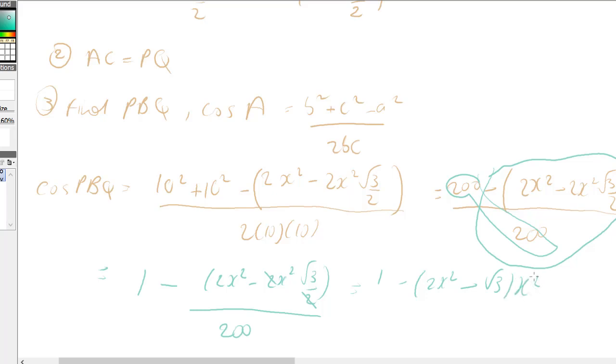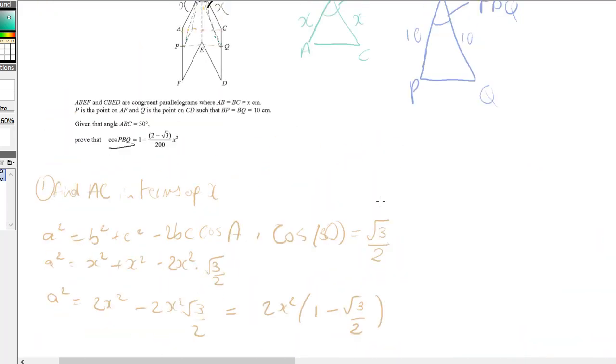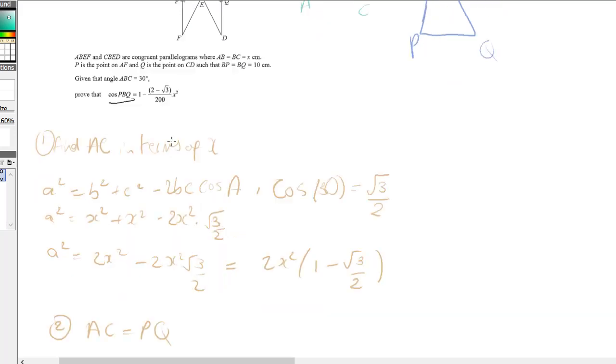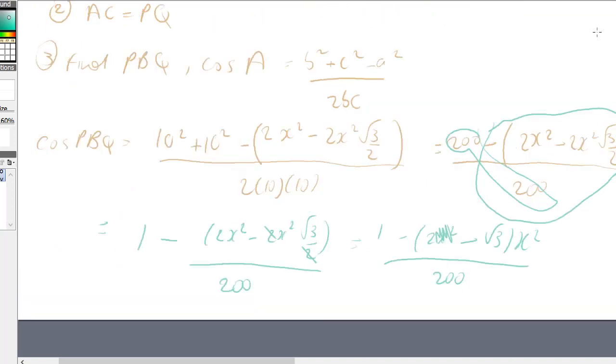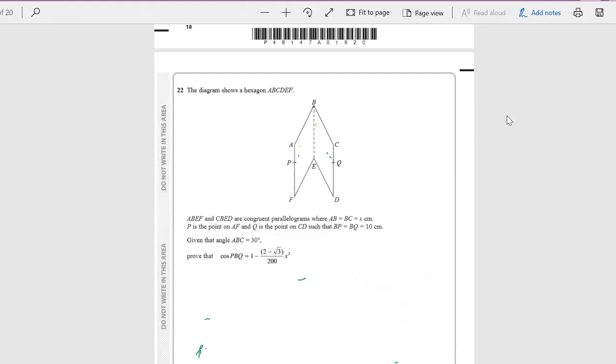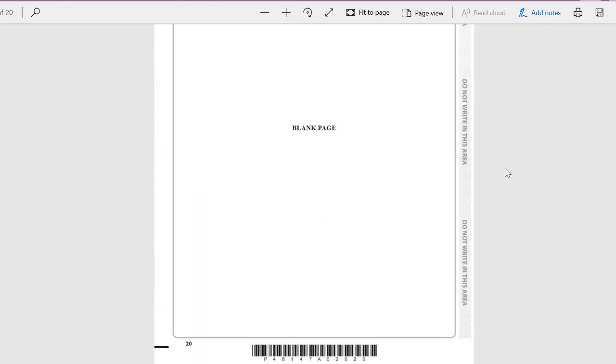We're going to put the x squared outside over 200. And we can see that's exactly what we have. So cos PBQ equals 1 minus, and then this fraction here next to x squared, and that's what we've got here. And that brings us to the end of the exam.